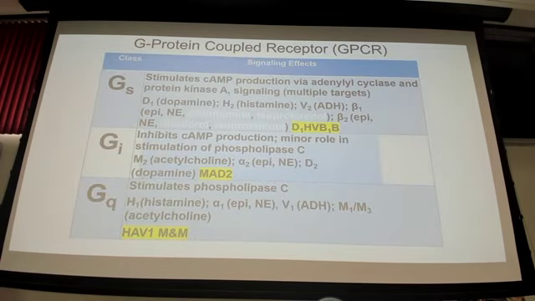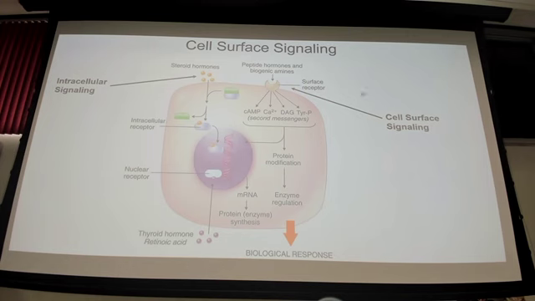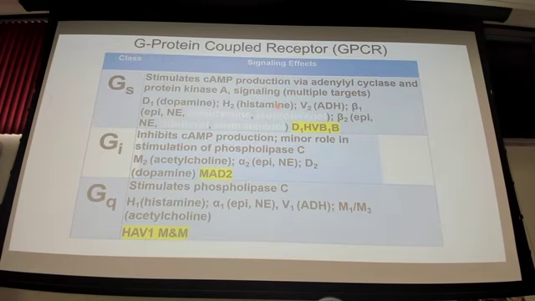So we talked about the G protein coupled receptors. So the G protein coupled receptors would be the surface receptors. And so we talked about 3 different types of G protein coupled receptors, the G sub S, G sub I, G sub Q, and how they are coupled with receptor systems. So, for example, G sub I is coupled with these receptor systems, MAD2, that's muscarinic 2, alpha adrenergic 2, and dopamine 2, and their ligand or agonist that binds to the extracellular protein found in parentheses.